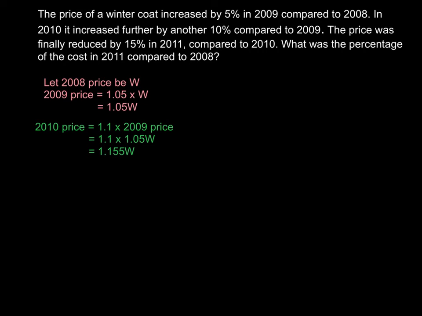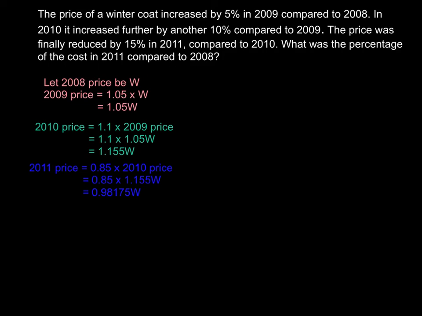When I do this calculation, I end up with 1.155W. To work out the 2011 price, I can multiply my 2010 price of 1.155W by 0.85, because I've now taken off 15%. So 100 minus 15 equaling 0.85.